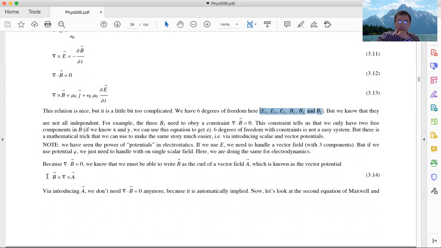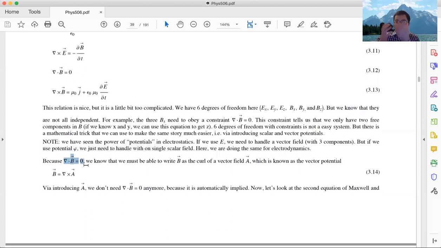First of all, let's define the vector potential. The reason we can define it is because B is divergence free: the divergence of B is 0. If the divergence of B is 0, we can prove mathematically that B can be written as the curl of a vector field. That vector field is what we call the vector potential. Mathematically speaking, this statement is not quite right.